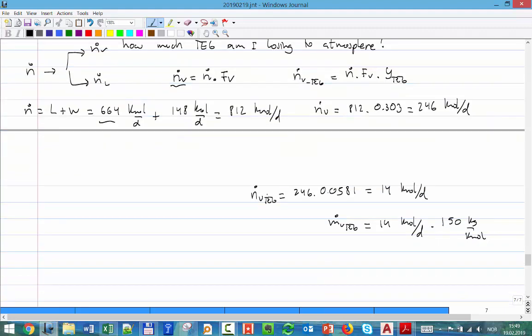How much is that? 2,141 kilograms per day. I'm losing 2 tons of TEG simply evaporating. I hope we did the calculation correctly, but it looks correct. So I'm losing 2 tons of TEG every day, so I have to replenish that. I have to have some makeup of TEG.